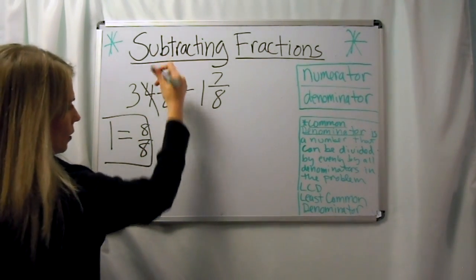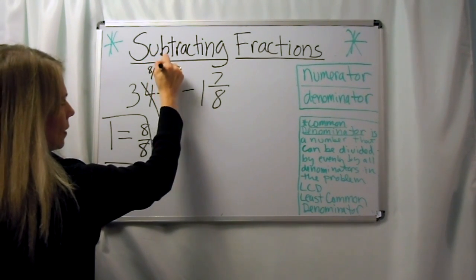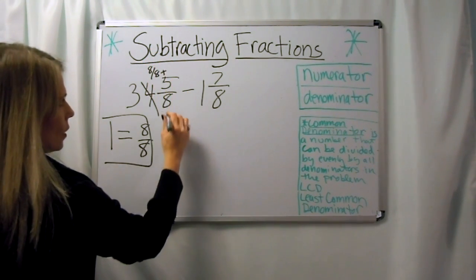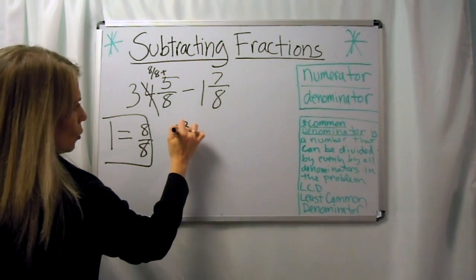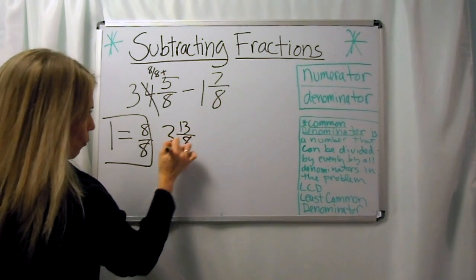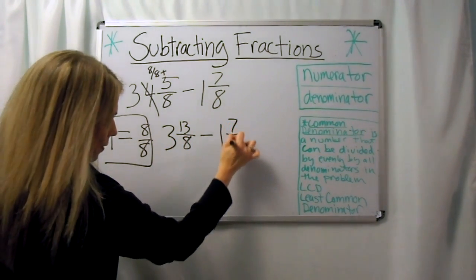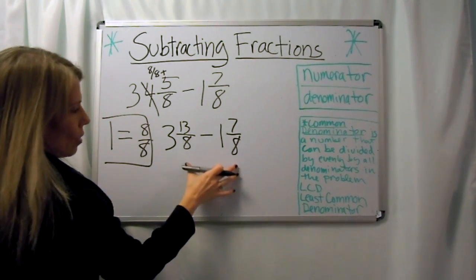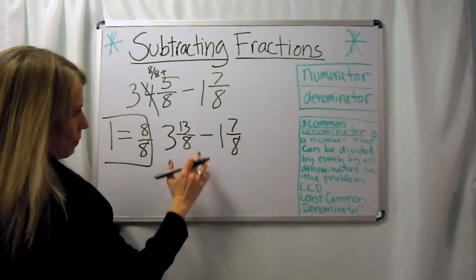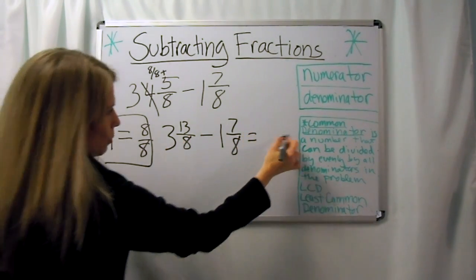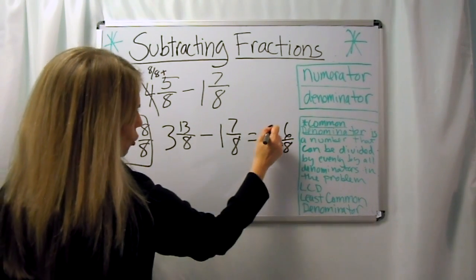This is how we get to this point. I say 8/8 plus 5/8 is going to give me 13/8. So now I'm dealing with 3 and 13/8 minus 1 and 7/8. Now these are numbers that I can work with, because I can subtract 7 from 13. When I subtract 7 from 13, I get 6/8, and 3 minus 1 is 2.